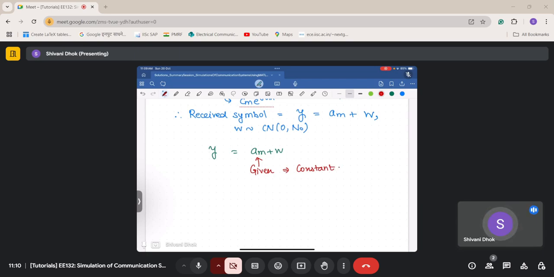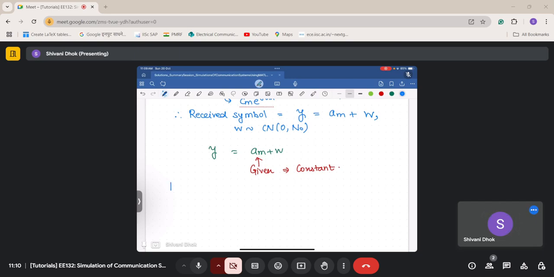So if this is a constant and this is a Gaussian random variable, and if we add any constant to a Gaussian random variable, it shifts its mean. And since it is a constant, it does not change its variance. Okay, so we'll figure out one by one what is happening here.